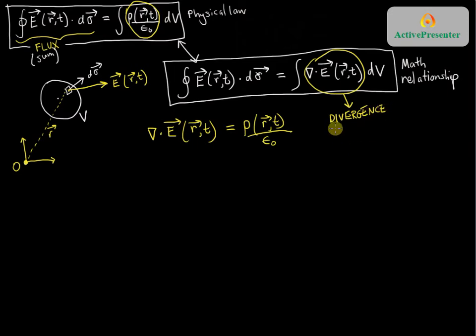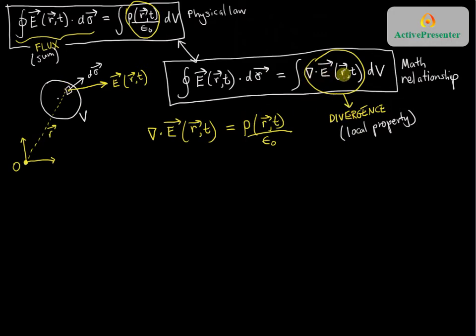And I want to emphasize here that that is a local property. The flux was a sum. In other words, it was averaging over all the regions on this surface. Now we've got a very nice thing, which is a divergence, which is a local property.